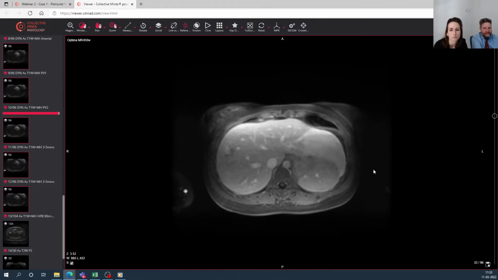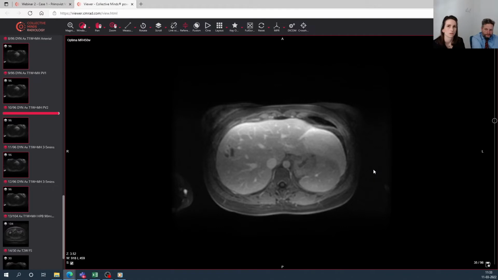What's the differential diagnosis if you have a lesion which enhances progressively? So we can see this in fibrotic tumors like cholangiocarcinoma. Yes, in the scar of an FNH. But this is a whole lesion, so not obvious. No. And in sinusoidal dilatation in adenoma.